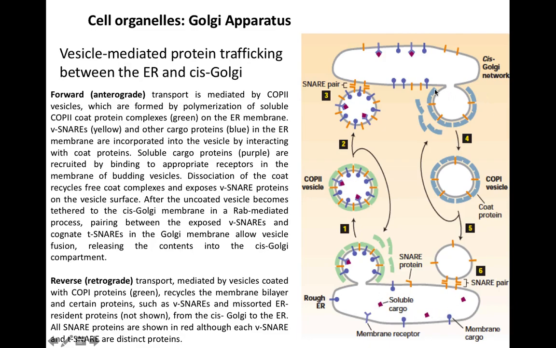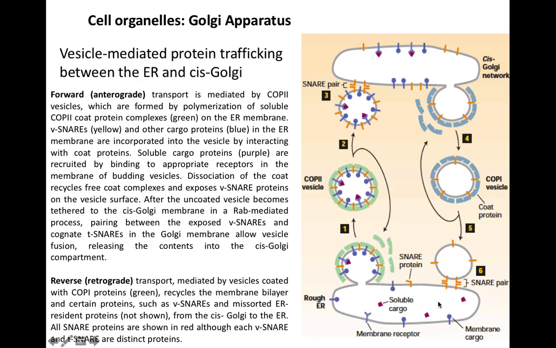So they're sent back from the Golgi into the ER so that they can perform their function. These proteins were sent to the Golgi network for some sorting and tagging or some sort of post-translational modifications. And once they become mature, they are sent back towards the ER because they're needed inside the ER.